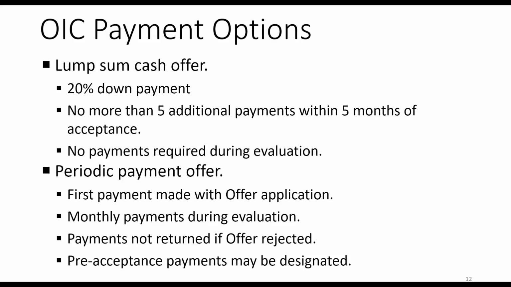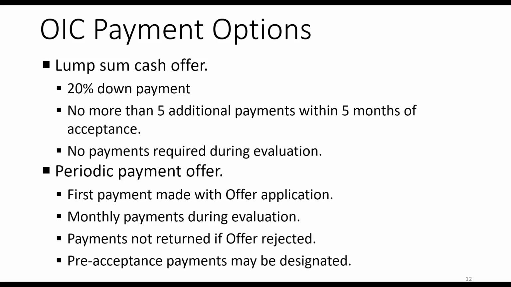Now, the other option is the periodic payment offer, where your first payment is made with the offer application, but you're making monthly payments while they're evaluating the application. But again, remember that if it's rejected, payments in this case are not returned.